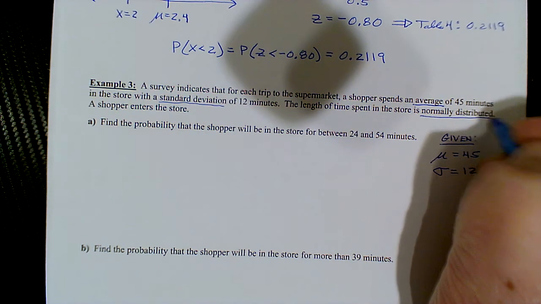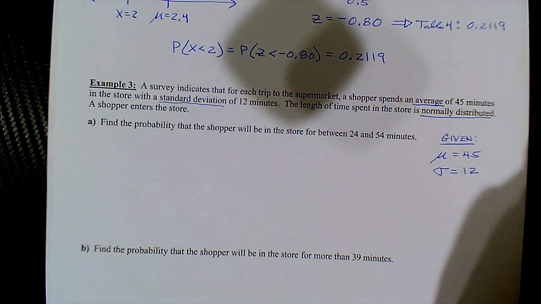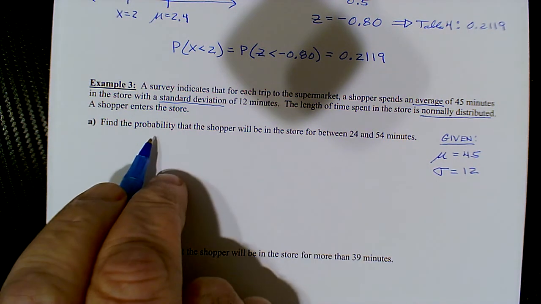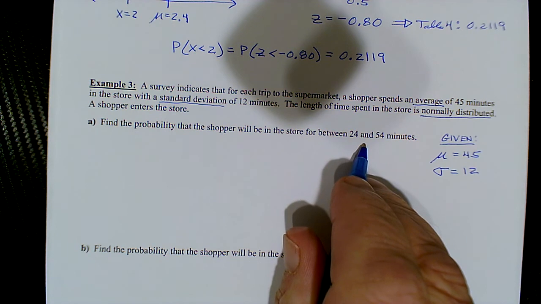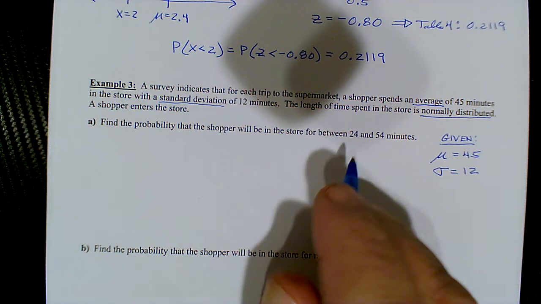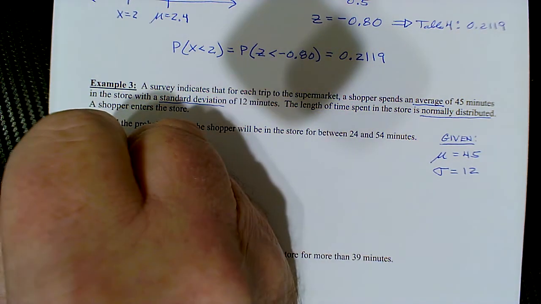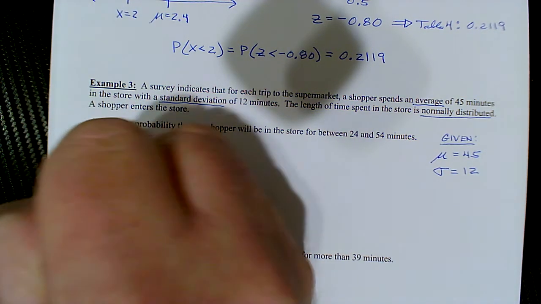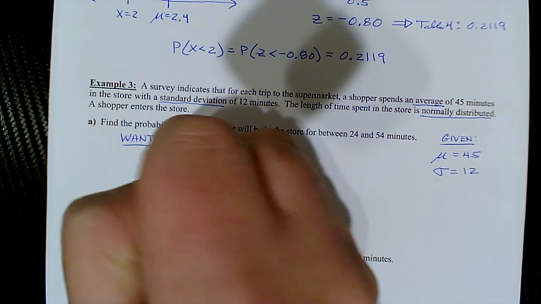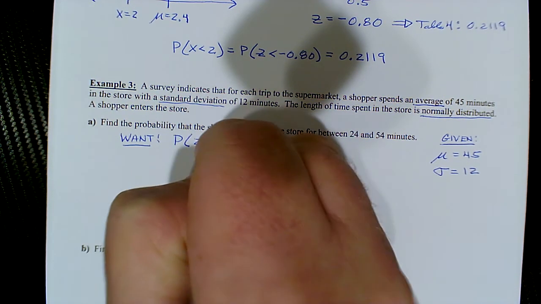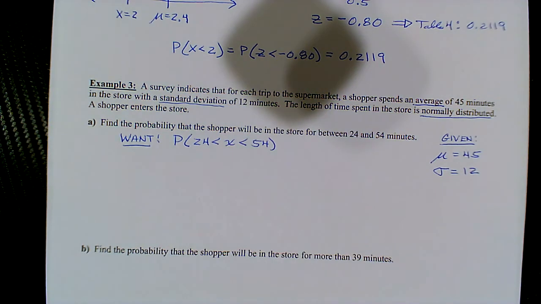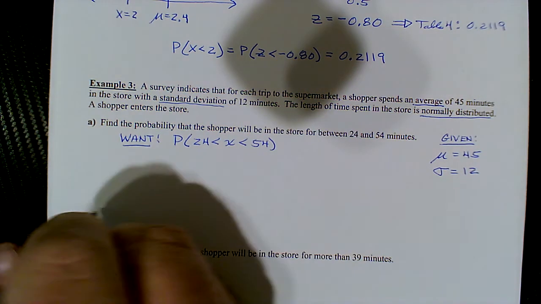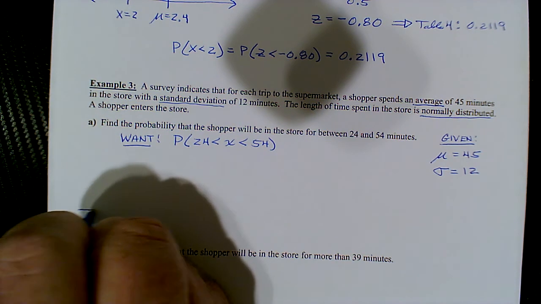They mention normally distributed, as they always will. And in parts here, first part, probability the shopper will be in the store between 24 and 54 minutes. So we want the probability that X is between 24 and 54. Okay, so we draw the normal distribution again.